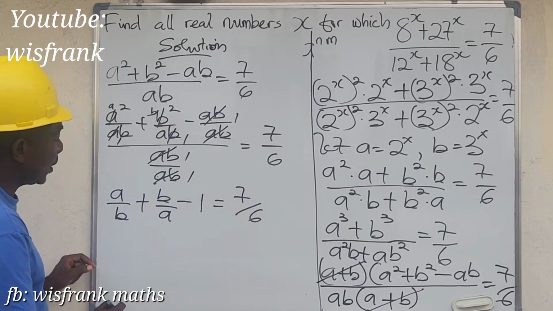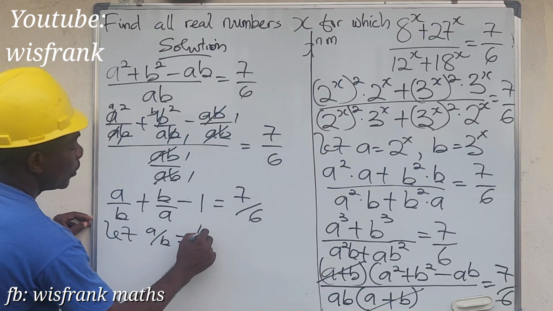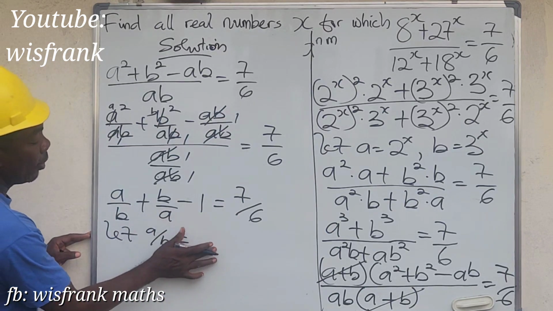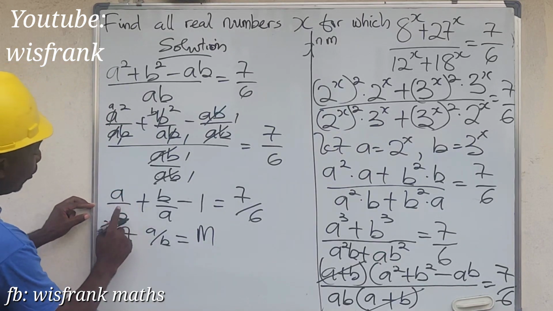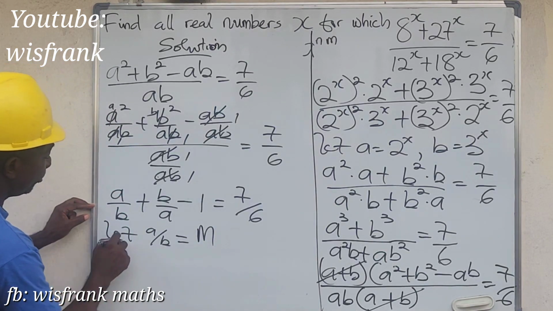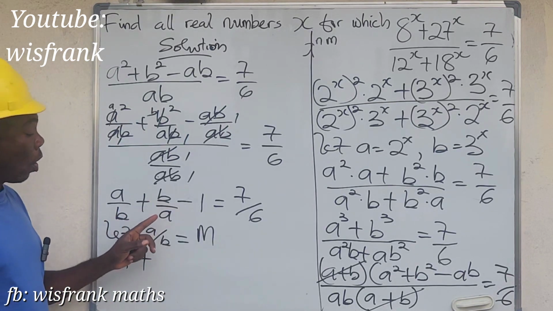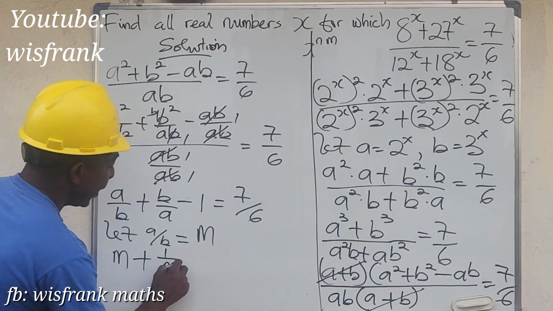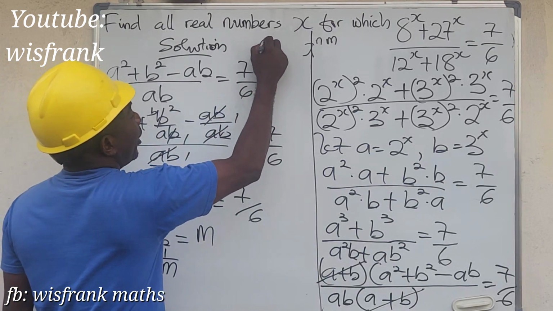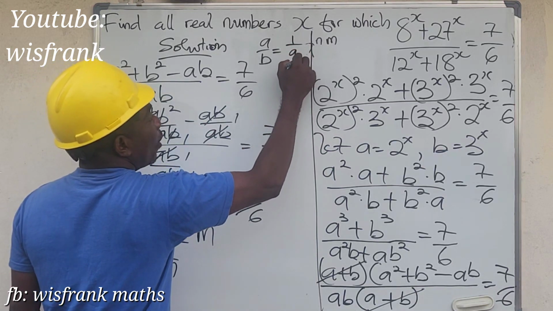So in this case, we can say let a all over b equals to t, or we can say let a all over b equals to m. So here we have a all over b, we will put m for this case, then plus we have here b all over a. It's the same thing as 1 all over m, because when we have a all over b, it's the same thing as 1 all over a all over b.